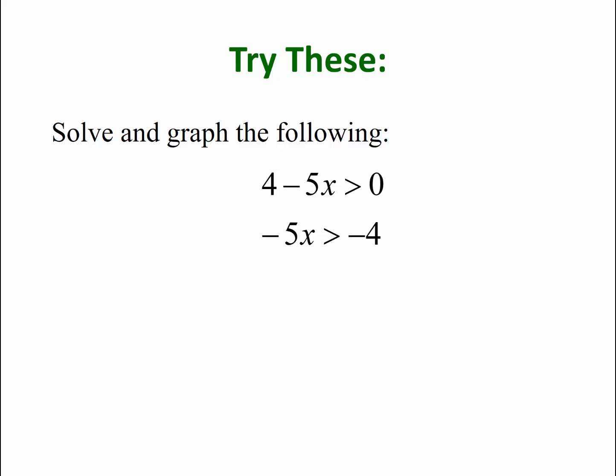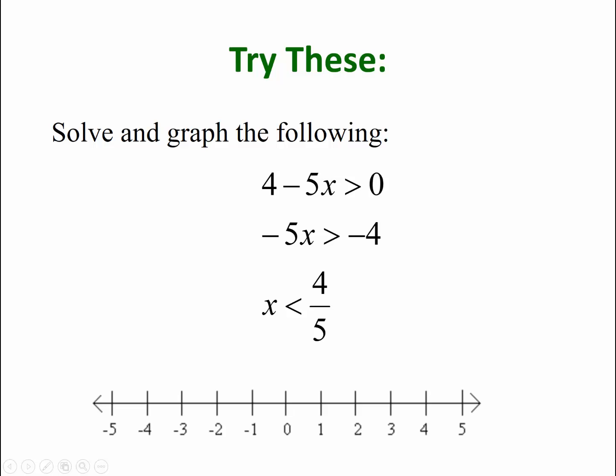Then we divide by negative 5, and we get negative 4 divided by negative 5 is positive 4 over 5. And since we divided by a negative number, we flip the inequality sign. So this is telling us all values that are less than 4 divided by 5, or 0.8, will be a solution.